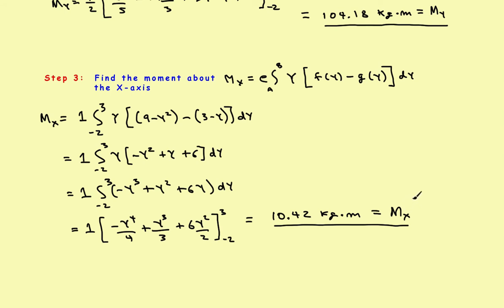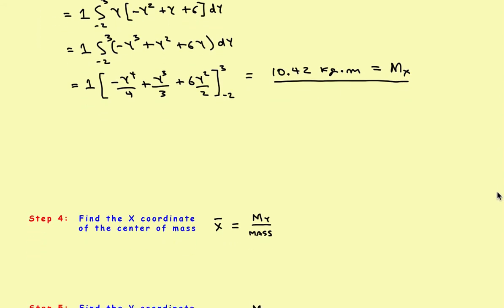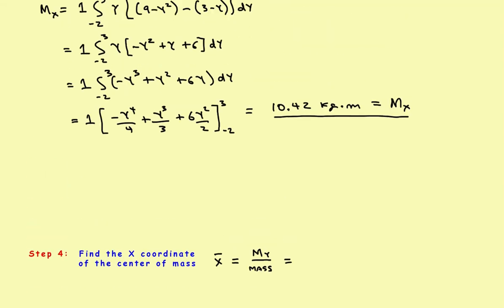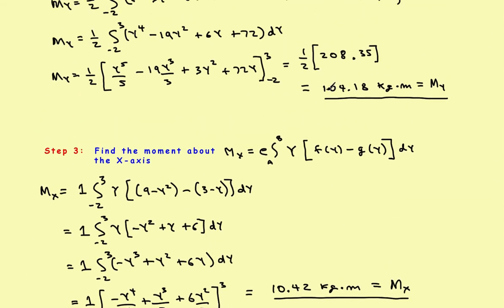Okay, so now you've got the total mass, you've got the moment about each axis. So the next step is actually just using these values now to find the x-coordinate of the center of mass and the y-coordinate of the center of mass. So on this one, it's just a matter of looking up the moment about the y-axis, and we'll go back up to here. It was 104.18.